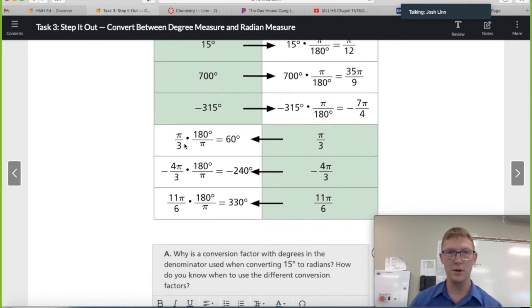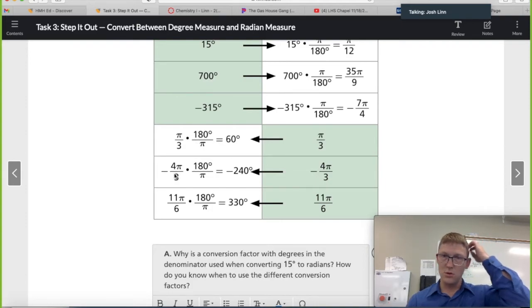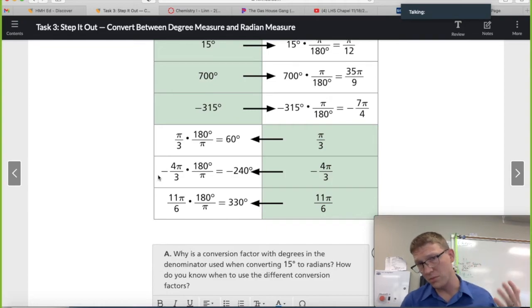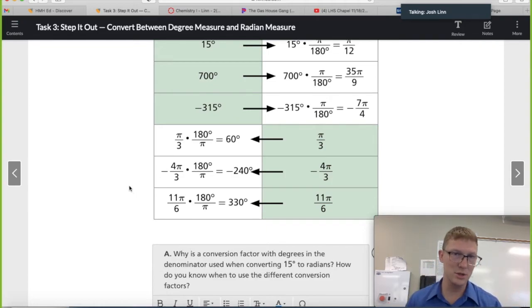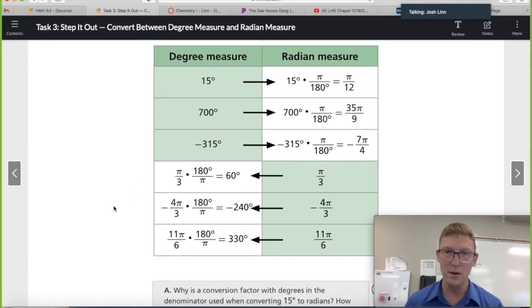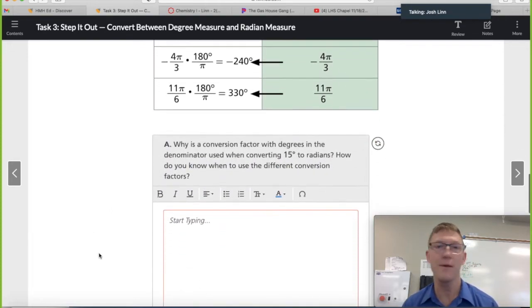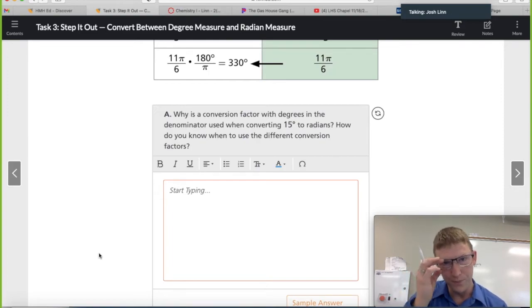And we can go from radians to degrees as well. If we start with pi over 3 radians, pi over 3 times 180 over pi equals 60 degrees. I don't want to insult your intelligence by going over every single one of those, but here are some examples that you can work through. I'm sure we'll have some in our homework.